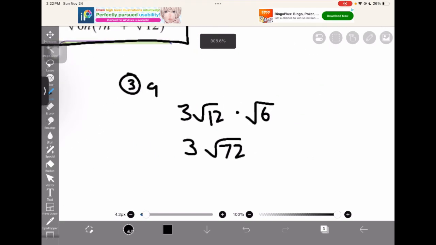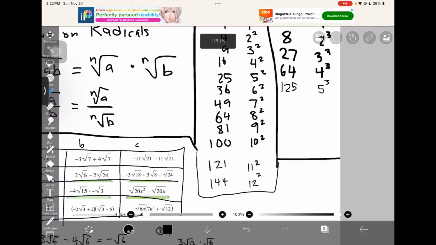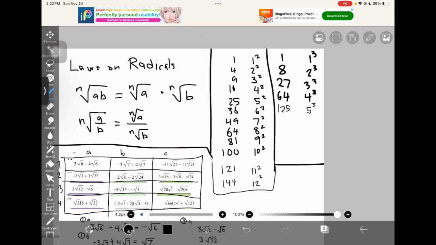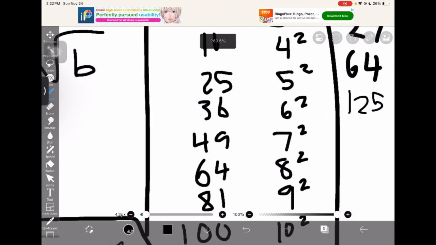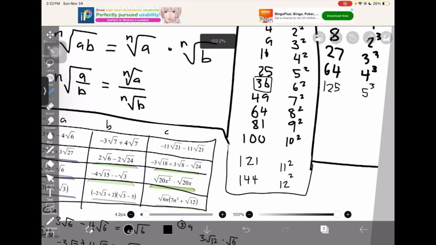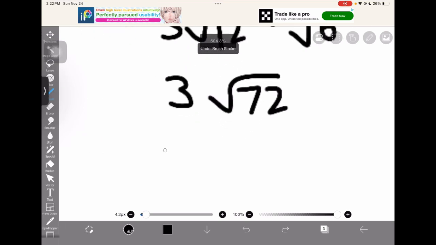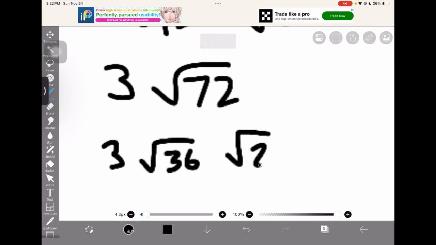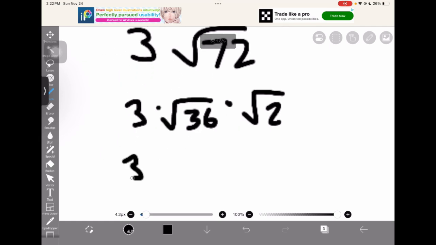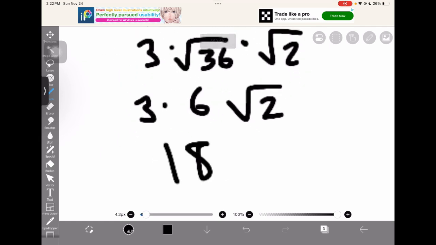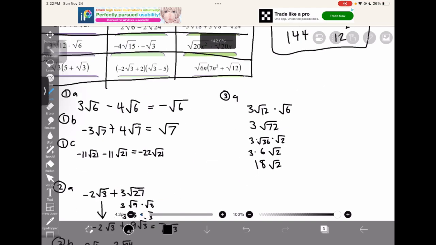However, 72 is actually divisible by one of these numbers. Take a moment to look at the numbers and check which is divisible. You might be able to say it's 36, which is correct. So it's just 3 square root of 36 square root of 2, or just 3 times 6 square root of 2, then 18 square root of 2. That's the correct answer.